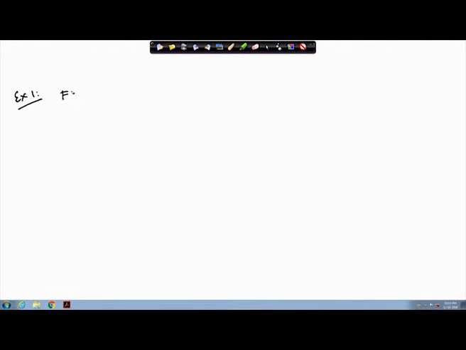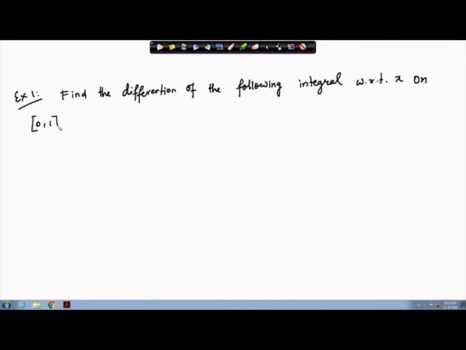Find the differentiation of the following integral with respect to x on 0 to 1 times 2 to 3.